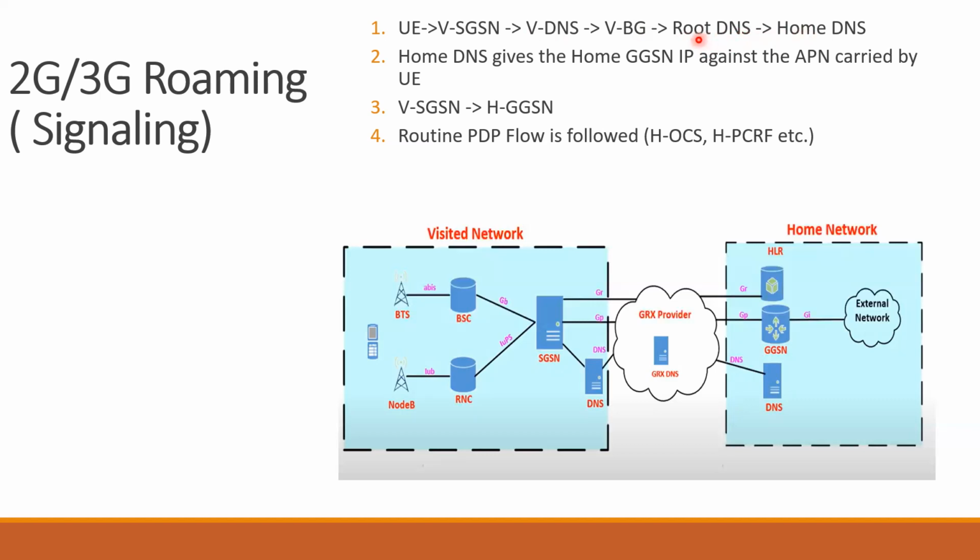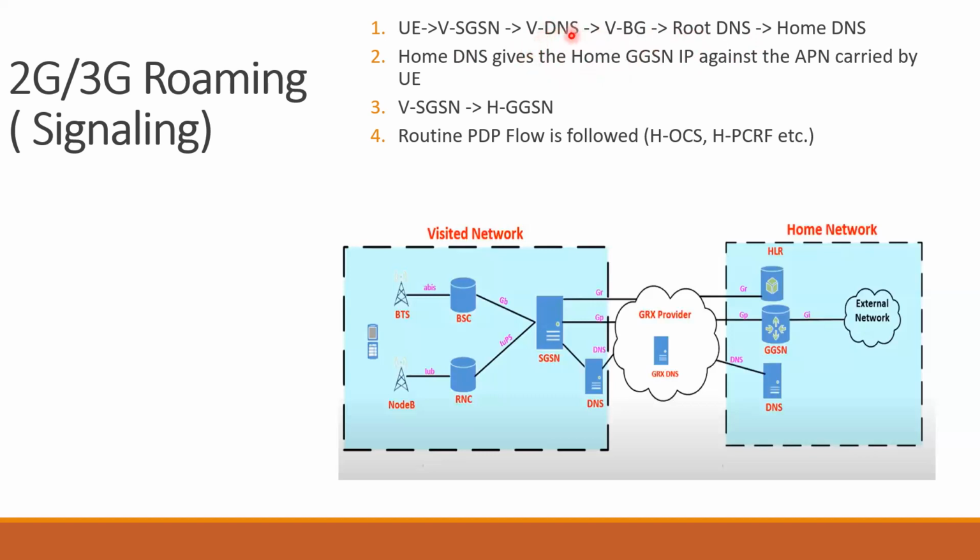Here the root DNS is going to recognize that, okay, this APN ABC is being served by operator A, and operator A's home DNS IP address I have available. Okay, so this is then going to be returned back to your visitor DNS.